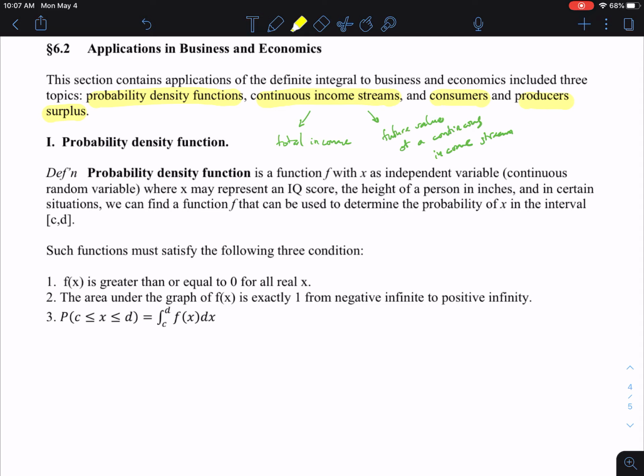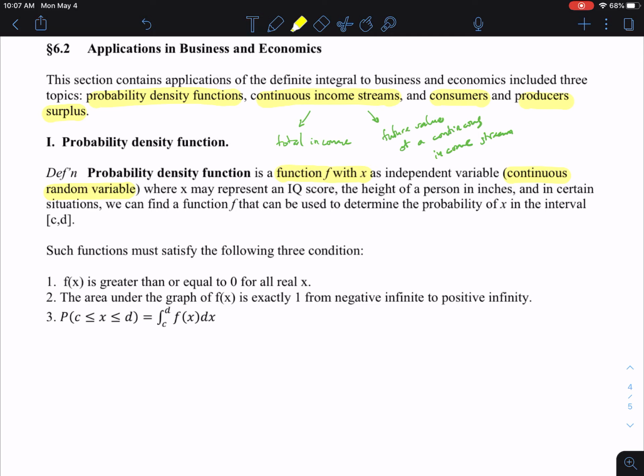So it says that the probability density function is a function f with the variable x as the independent variable, and usually x, we refer to as a continuous random variable. In the stats class, we talk about this as a variable that can take any value within an interval.